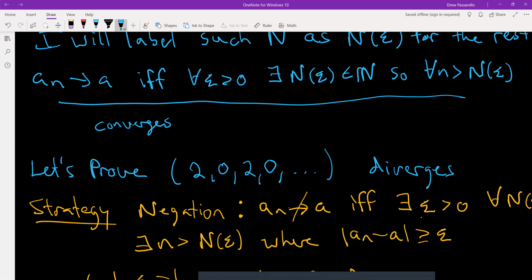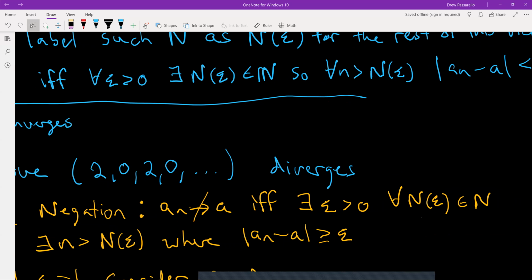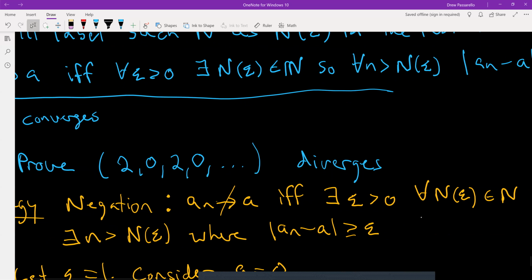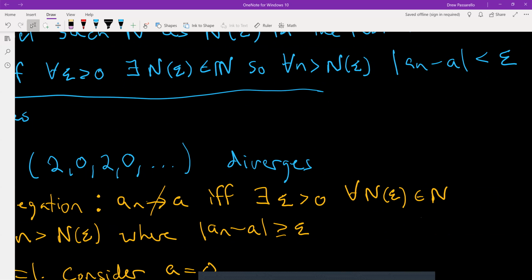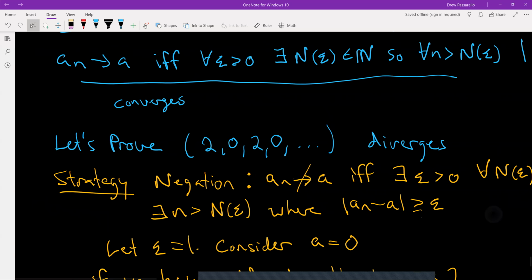The there exists an N becomes for all N in the natural numbers, and the for all little n bigger than N becomes there exists a little n bigger than N, where, flipping the inequality from less than to greater than or equal to, the distance of a_n minus A is greater than or equal to epsilon. That is the negation of the statement.